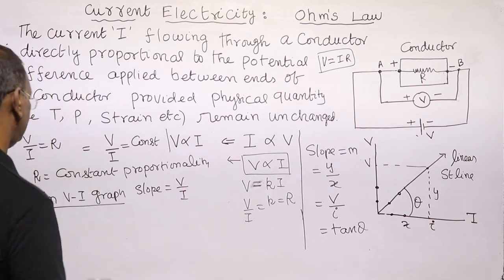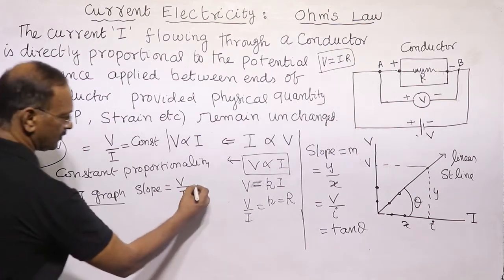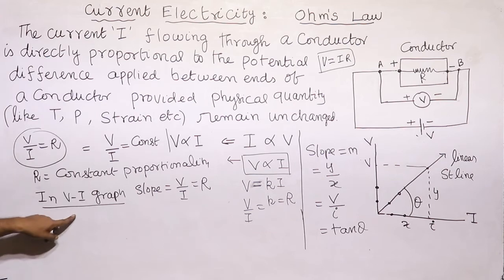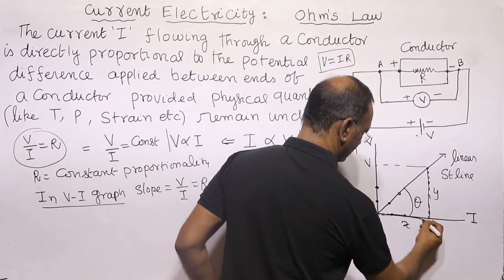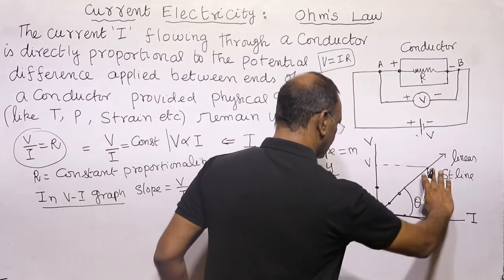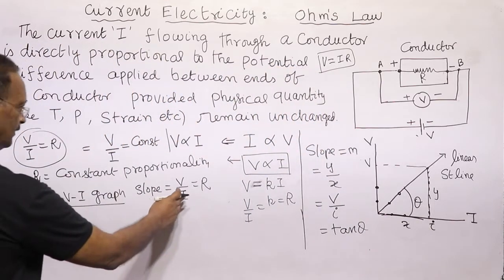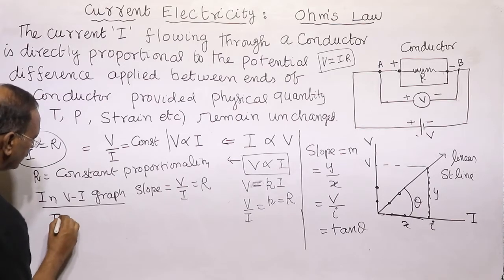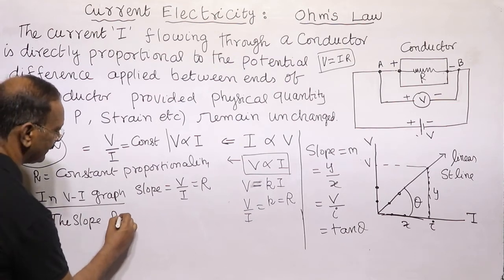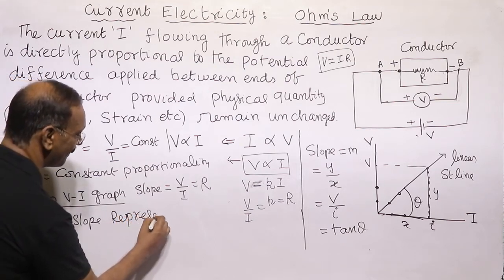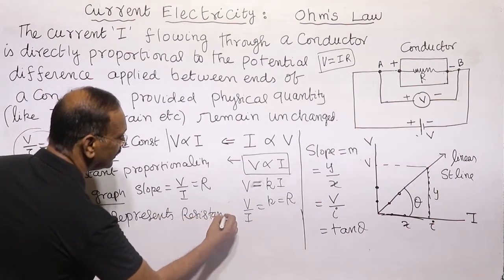As we have seen, V by I is equal to a constant, and V by I is equal to resistance. So we come to the conclusion that the slope of the VI graph, the y coordinate by the x coordinate, where y is V and x is I, represents resistance. We have to bear that in mind.